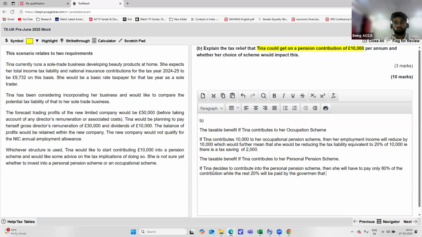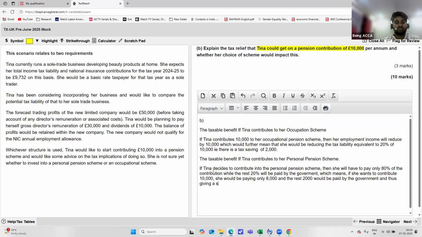So if she wants to contribute 10,000, she would be paying only 8,000 and the rest 2,000 would be paid by the government, thus giving a saving of 2,000 pounds.